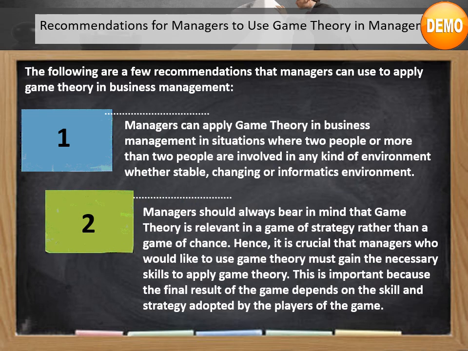Number 2, managers should always bear in mind that game theory is relevant in a game of strategy rather than a game of chance. Hence, it is crucial that managers who would like to use game theory must gain the necessary skills to apply game theory. This is important because the final result of the game depends on the skill and strategy adopted by the players of the game.